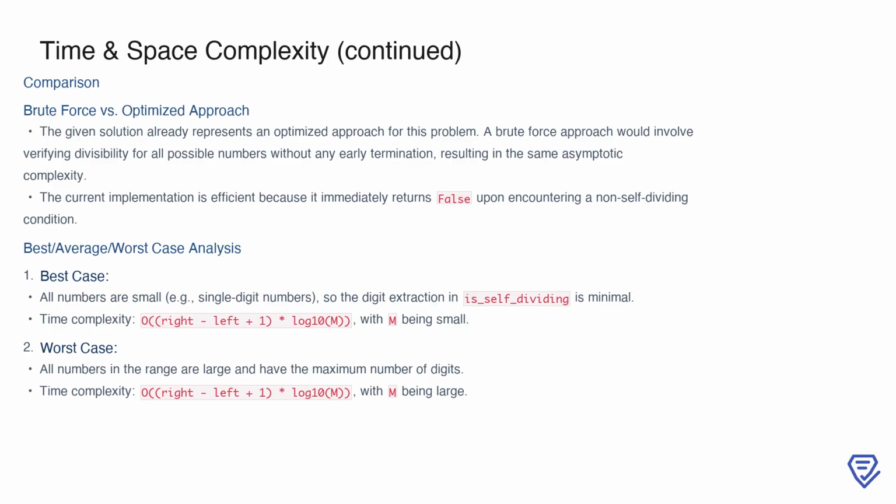Now, looking at specific cases, the best case scenario occurs when all numbers are small, such as single-digit numbers, which minimizes the digit extraction process inside the is_self_dividing function. Here, the time complexity remains O((right - left + 1) * log 10 m), but m is small. In the worst case, the range contains large numbers with the maximum number of digits, leading to the same formal time complexity of O((right - left + 1) * log 10 m), but with m being large.